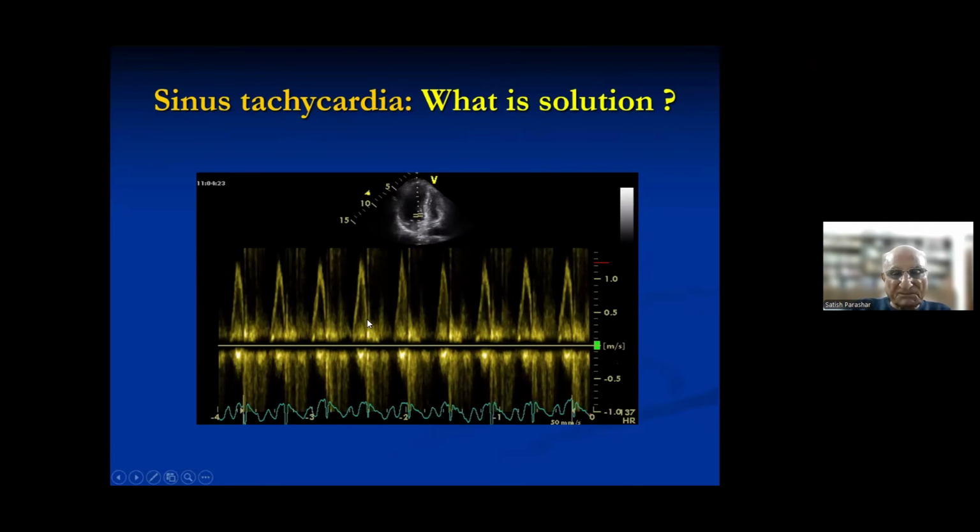So what we normally do, it may be different everywhere: we give them 25 milligram of beta blocker in the night, and 25 milligram 2 hours before they come to the lab, because it may take about 2 hours for them to act maximally. So that when they come to the echo lab, they still relax there for some time. By giving beta blocker, you have reduced the heart rate.